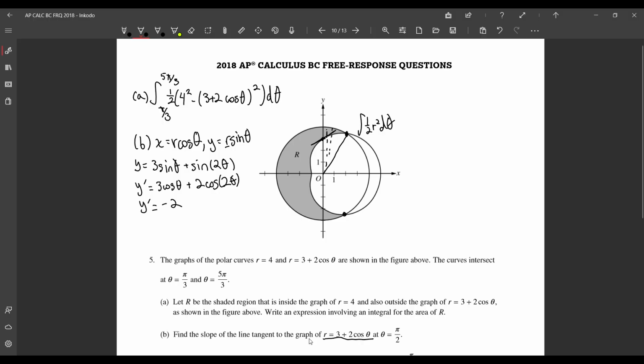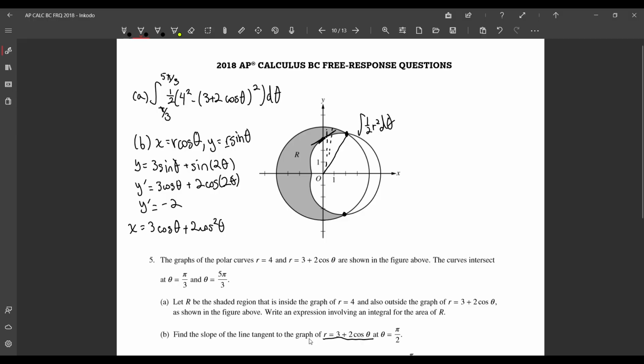Now this makes sense because if we're following the curve, our y is decreasing. We should also get a negative value for x prime. So x is 3 cosine theta plus 2 cosine squared theta.